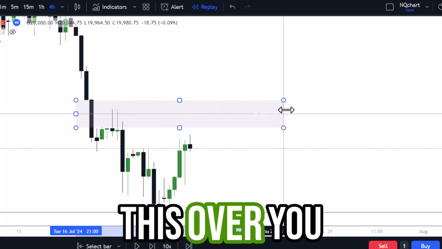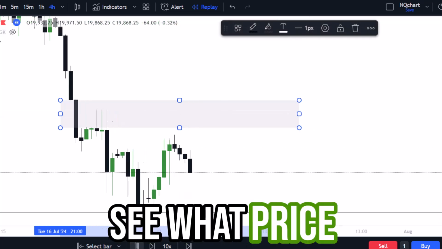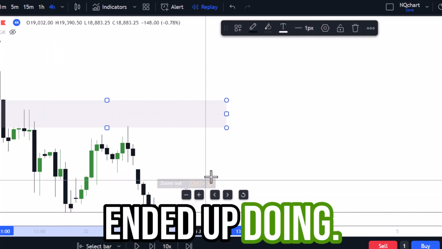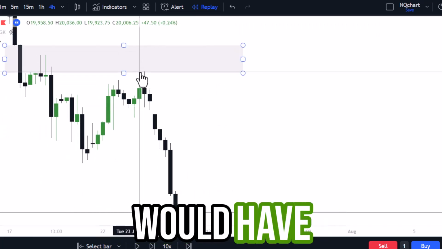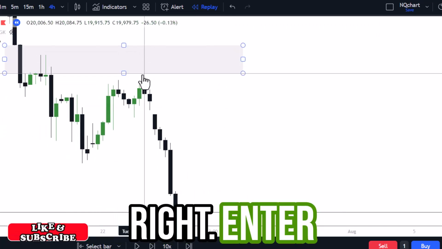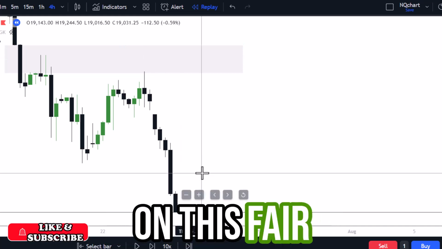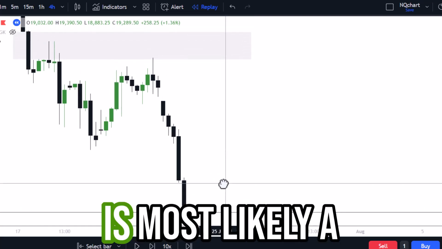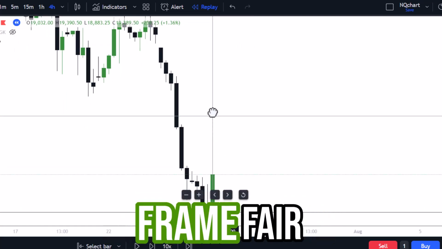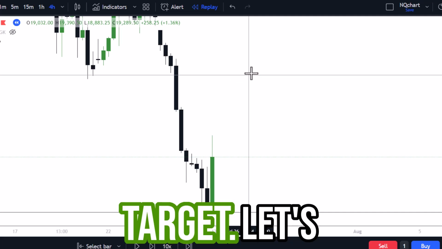So as I extend this over, we can see what price ended up doing. Look at that. It came back up to this fair value gap, which would have been a great entry for me, right? Enter right here on this fair value gap to continue on the draw on liquidity, which is most likely a higher time frame fair value gap target.